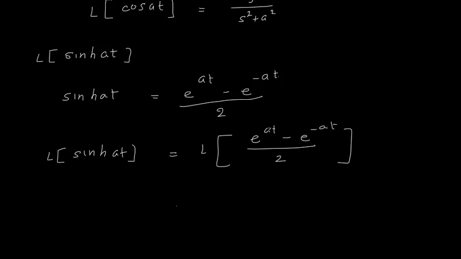So 1 upon 2, that is the linearity property, any constant term we can take out, into Laplace of e power at minus Laplace of e power minus at.